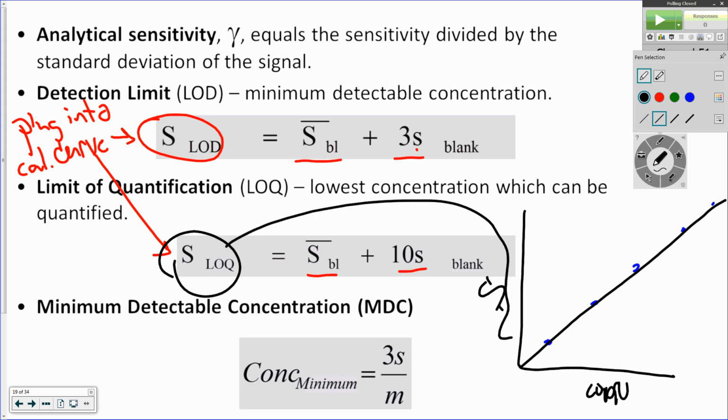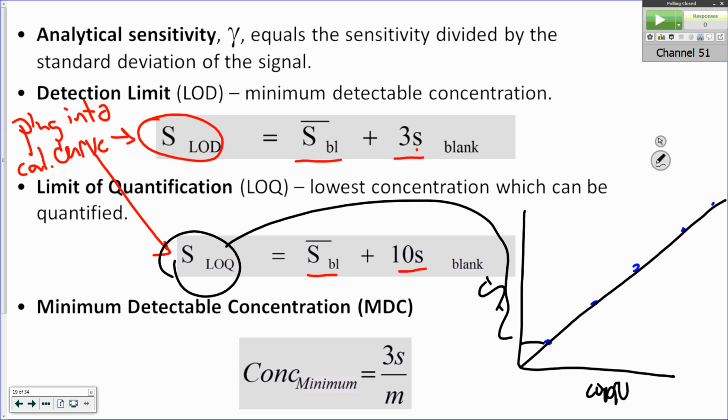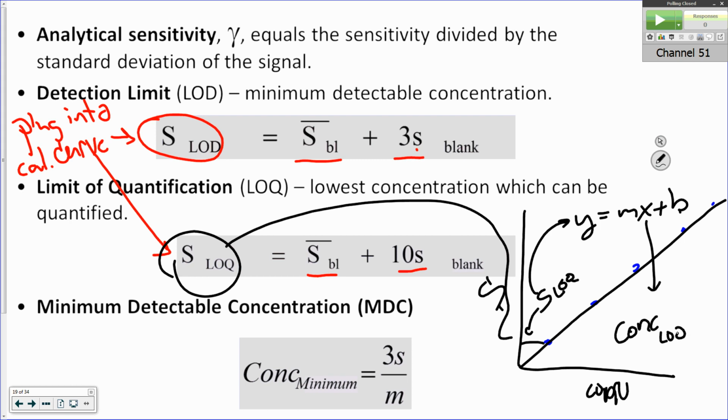Then you plug it into the equation y = mx + b, and you solve for X, the concentration that corresponds to that signal, LOQ.